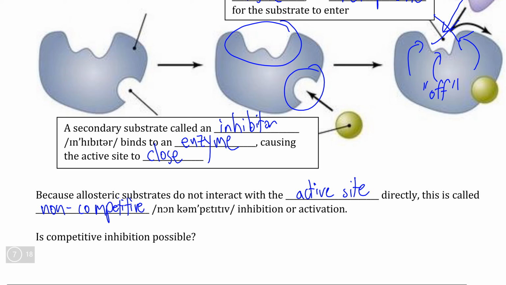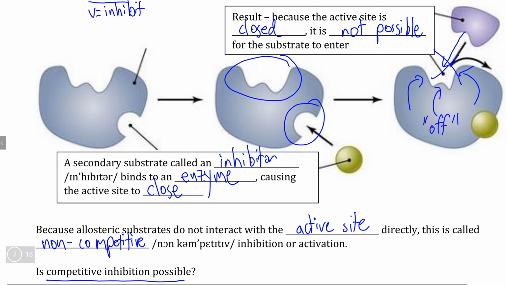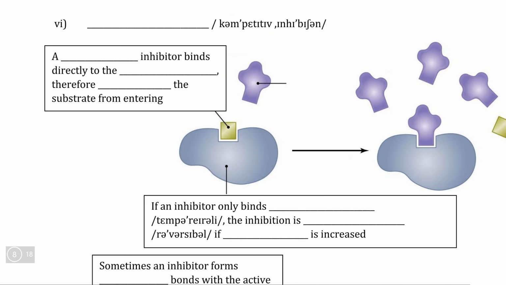So if non-competitive inhibition exists, one would assume that competitive inhibition exists, meaning that some inhibitors, instead of binding to an allosteric site and indirectly inactivating this enzyme, some inhibitors may actually compete with the same site as the substrate, and that's exactly what we see with the concept of competitive inhibition.